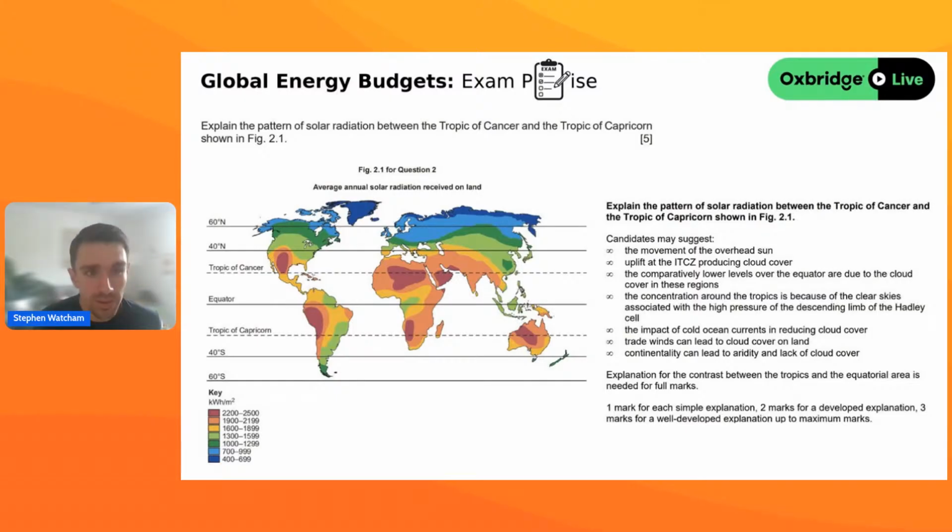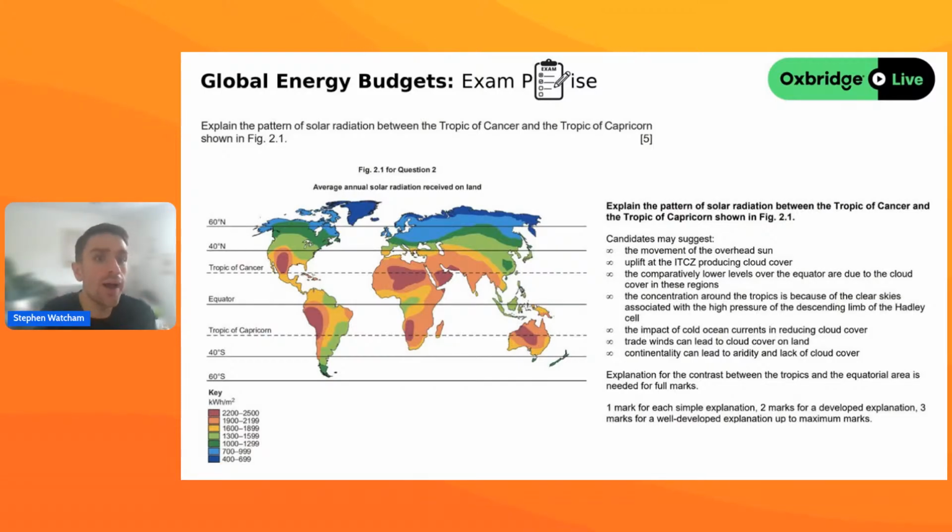Explain. Describe command words mean, okay, well, we've got 2,200 to 2,500 kilowatts per hour meter squared in the western parts of South America. You would be describing what you see. An explain question means give me the geography behind what I'm seeing.